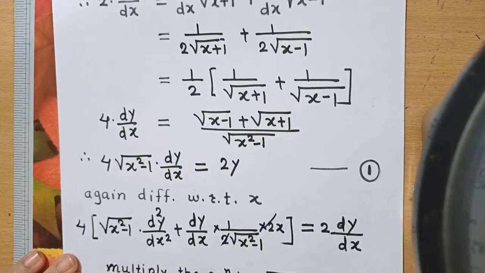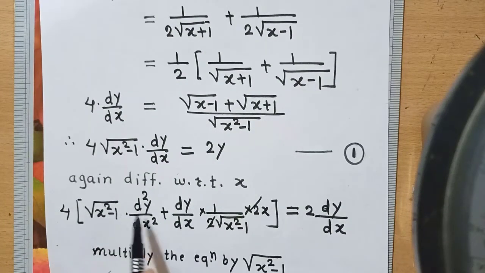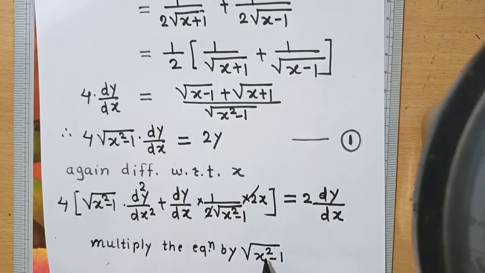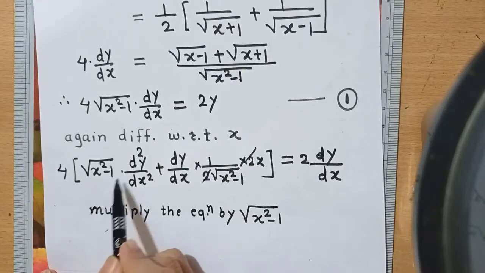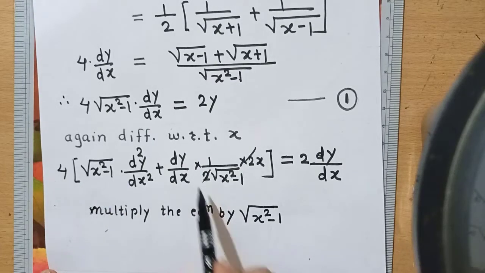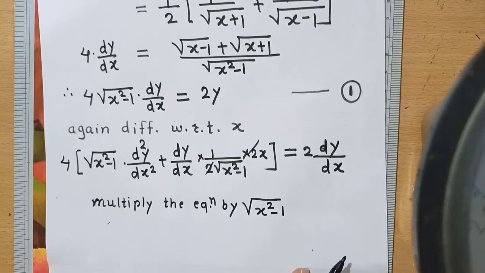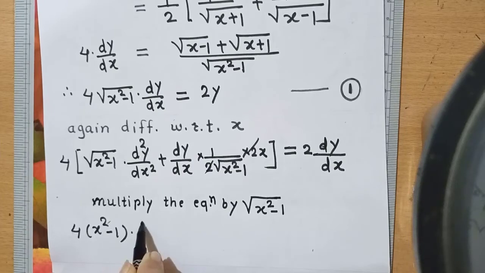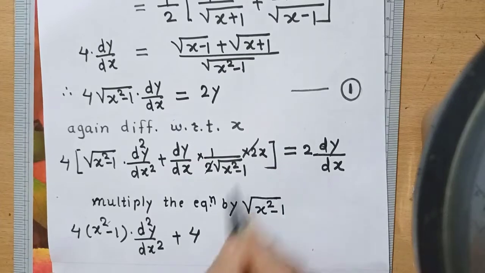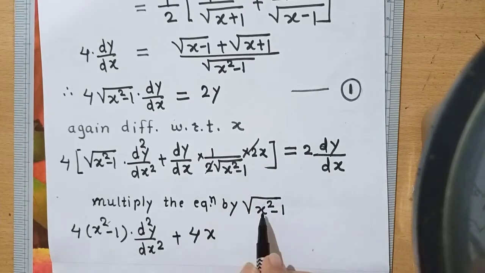This 2 gets cancelled. So we will multiply the whole equation by root x square minus 1. Again I am multiplying this 4 separately, and we will multiply this also. So we have 4 into x square minus 1, then d square y by dx square, then plus 4 into x, and this root term gets cancelled.